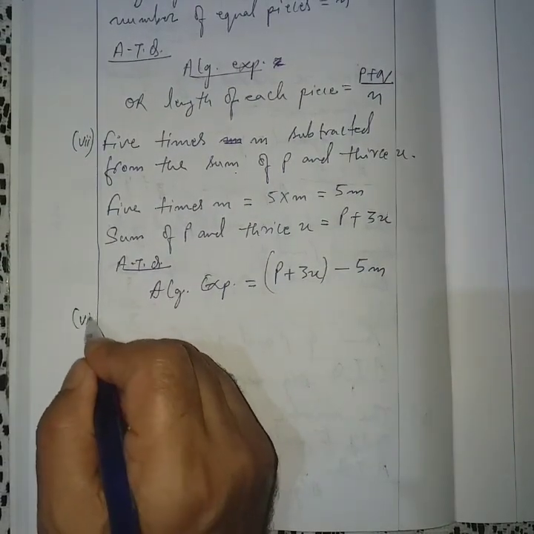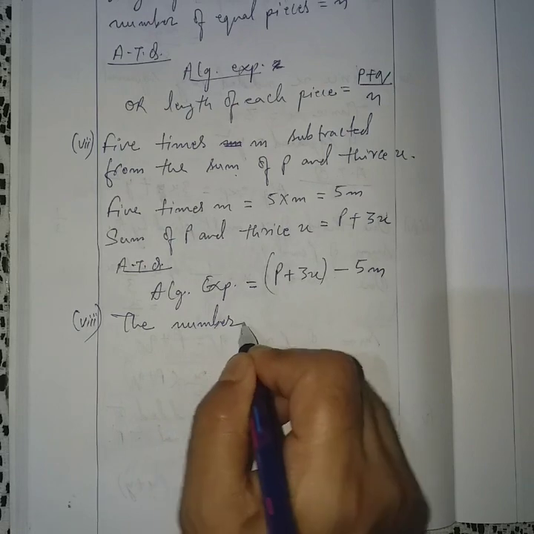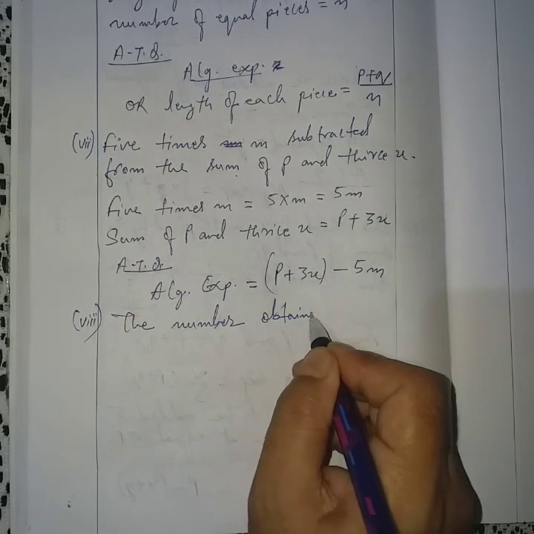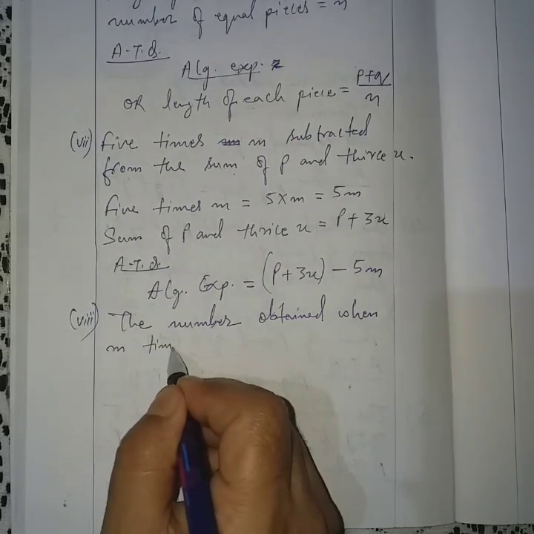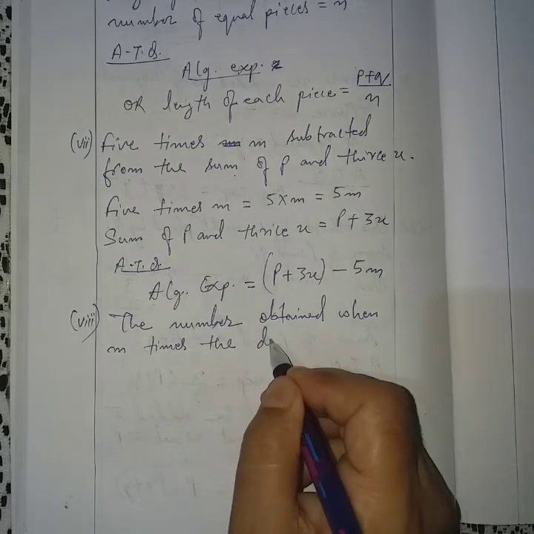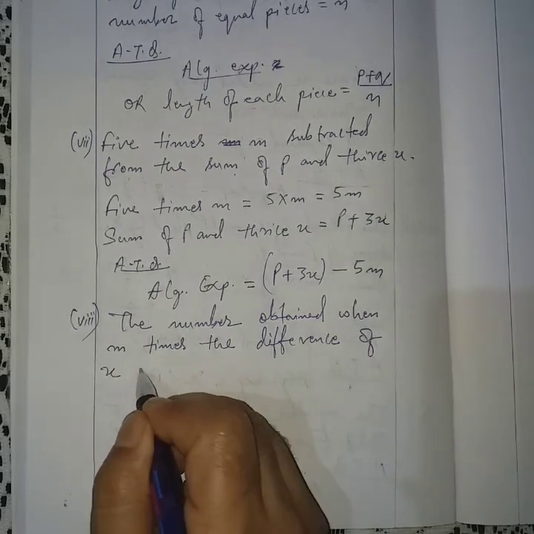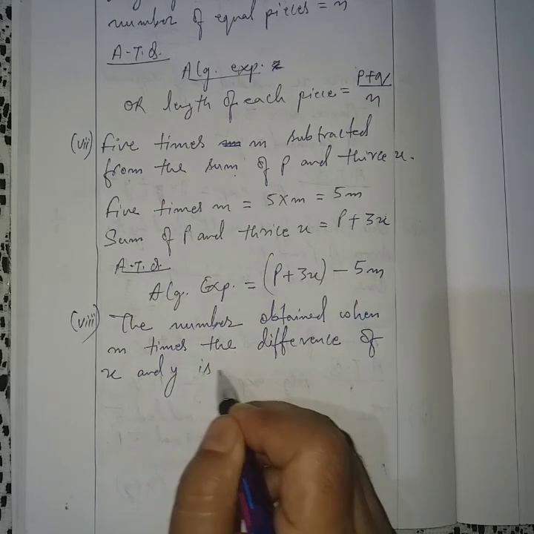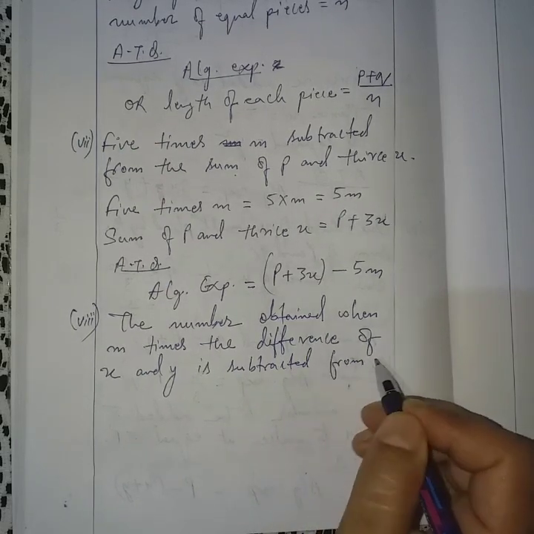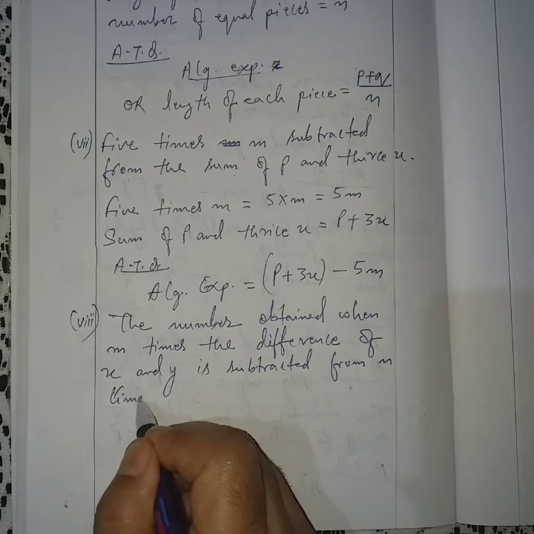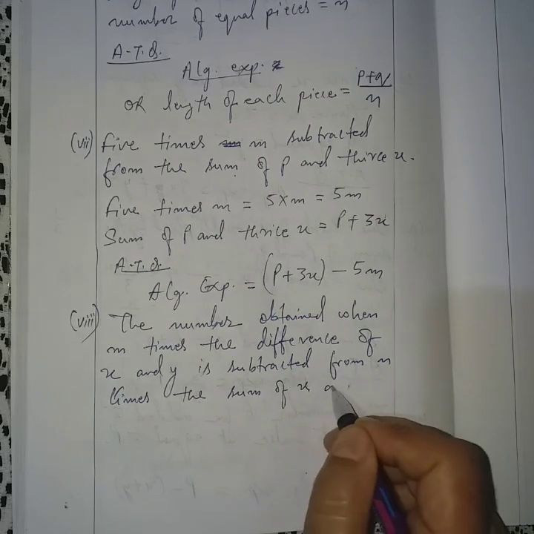Question 8. The number obtained when m times the difference of x and y is subtracted from n times the sum of x and y.